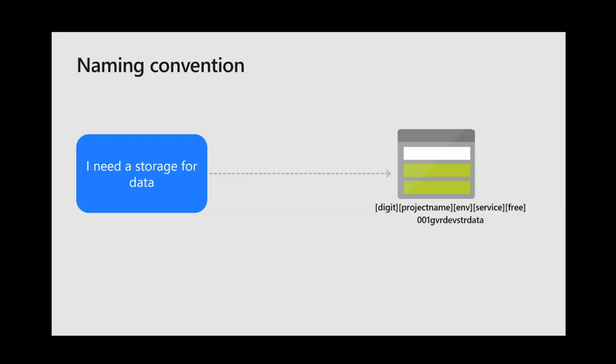So if I want a data storage account, I just need to create a storage account with the name 001 government, which is the project name, development, storage, data. So after 1 year or 2 or 3, data will stay data, and you can get that data storage account quickly and easily.